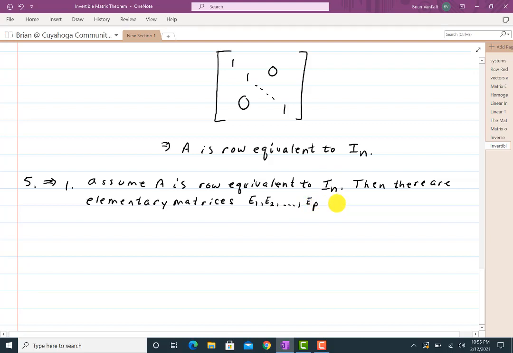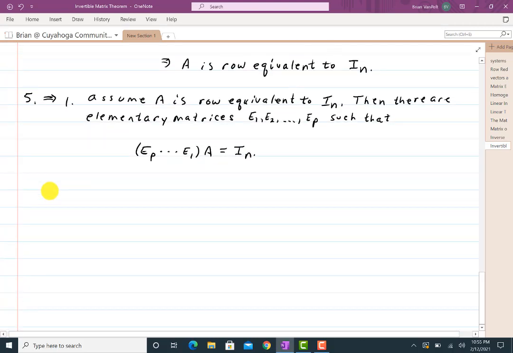I don't know how many it's going to take, such that, if you remember when we multiplied on the left by an elementary matrix, it made a row operation happen. So we can use the elementary row operations to get to IN. That, of course, is what we're assuming, is that A is row equivalent to IN. Well, then, there you have it. You have that A equals EP ... E1 inverse times IN.